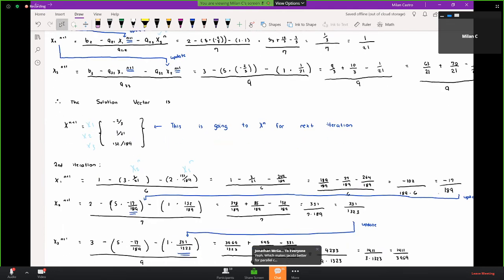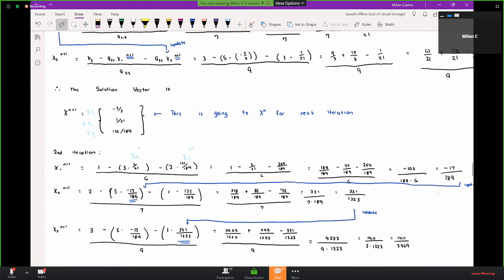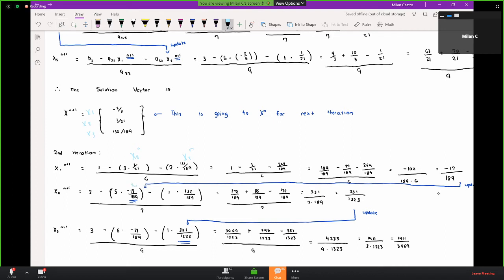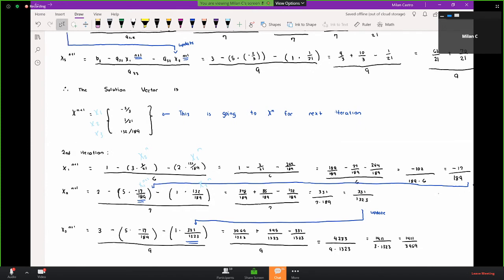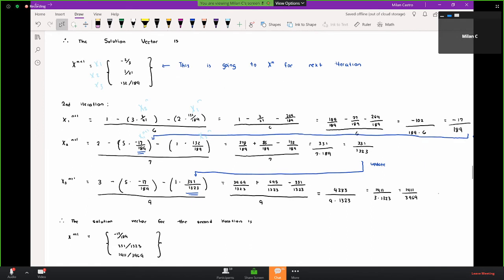And then you just have to remember to keep updating. So now we have our 2 minus, and this is going to be our x1n plus 1 term, and this is just going to be x3n, which is going to be our previous guess. And once you do the math, you end up getting 331 over 1,323.